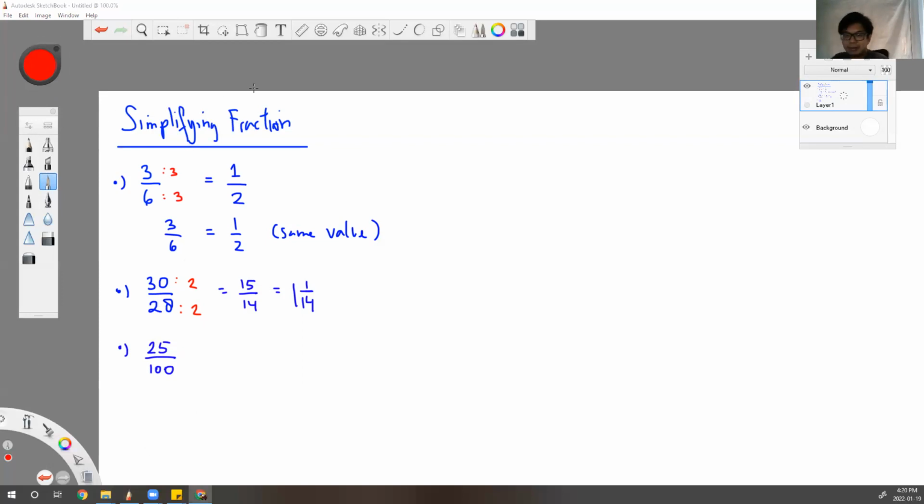What number can you divide with? Divide by 10. Wait, no, not 10. Why can you say that it is not 10? Because 25 cannot be divided by 10, right?